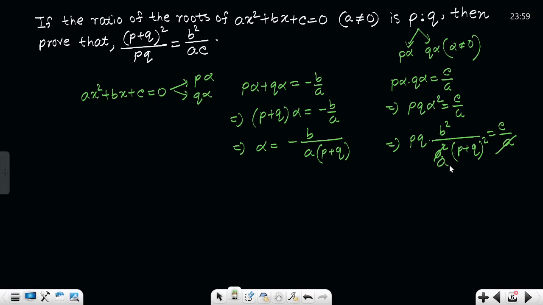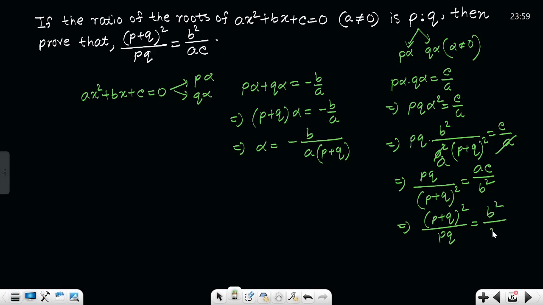So, it will be cancelled over here, it will be a left. Okay, so what we are getting, we will get pq upon p plus q whole square equal to ac upon b square. So p plus q whole square divided by pq equal to b square by ac. We proved it. So this is the proof of this question.